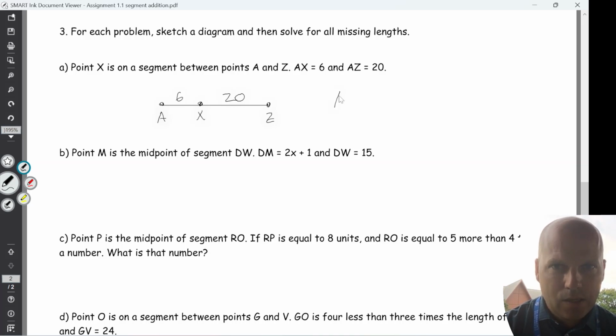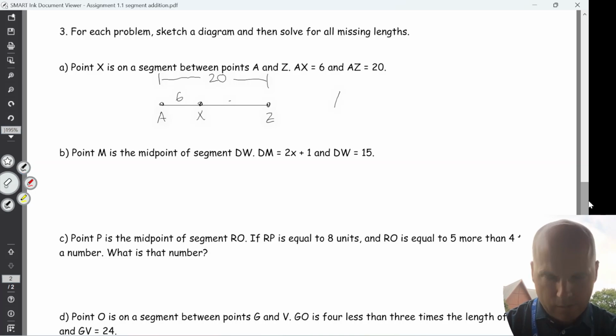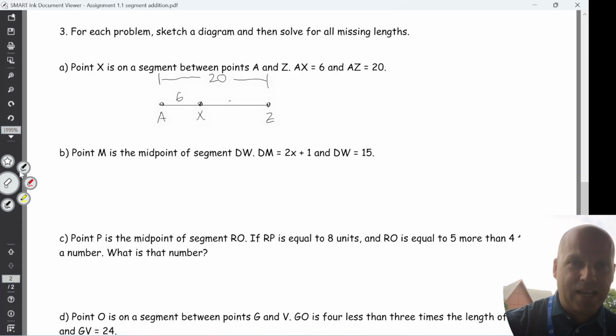AZ is 20. Sorry, I'm labeling things the wrong way. Read carefully. AX is 6, AZ is 20. What is the missing length? Well, I have AX, I have AZ, I'm missing XZ.